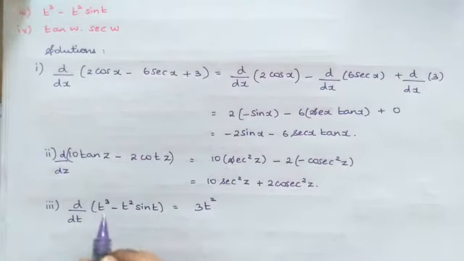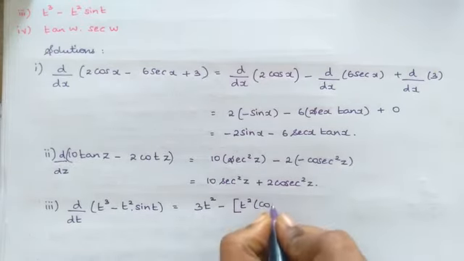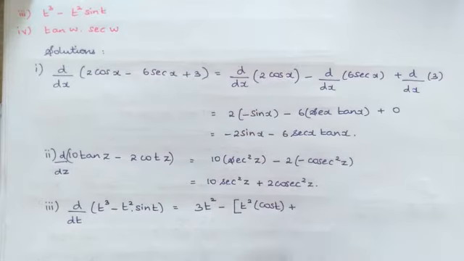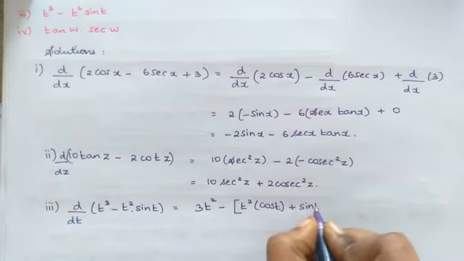So 3t square, minus this is t square sin t. We need to differentiate t square into sin t. Product of 2 terms, so of course we apply the product rule here. Let us have t square as it is. Differentiate sin t; the derivative of sin t is cos t, plus. Now have sin t as it is and differentiate t square, that is 2t.